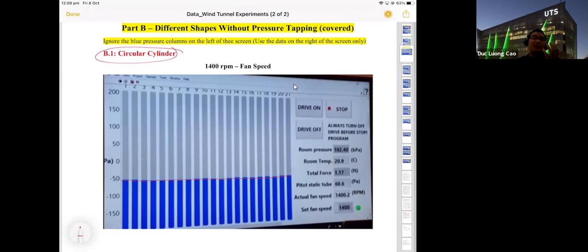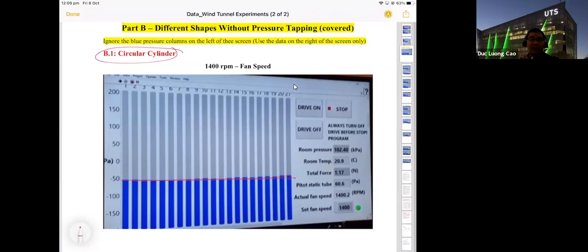It's negative because now in the 21 holes we only have static pressure, because they are covered already. That's why this pressure is smaller than free stream pressure or pressure in the chamber, because pressure in the chamber equals static plus dynamic pressure.